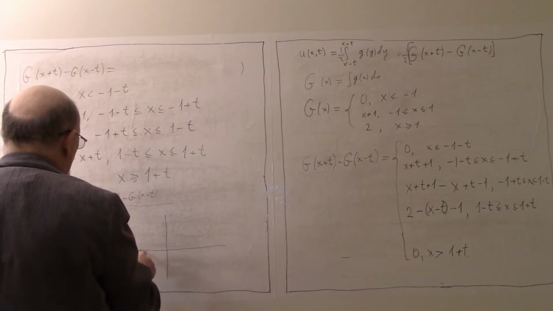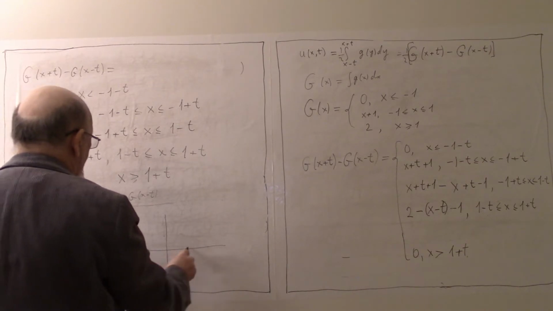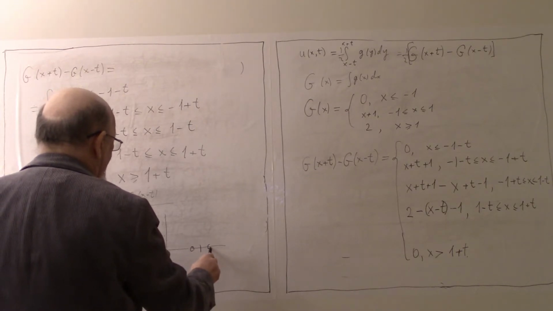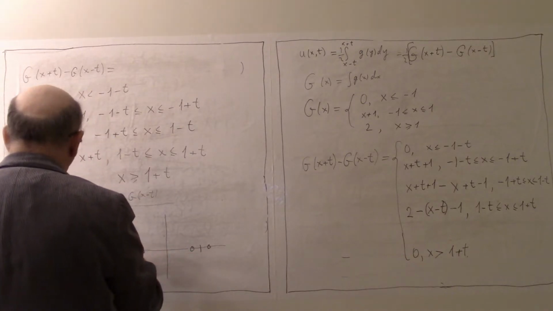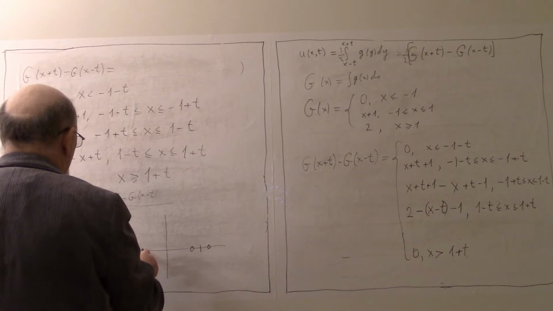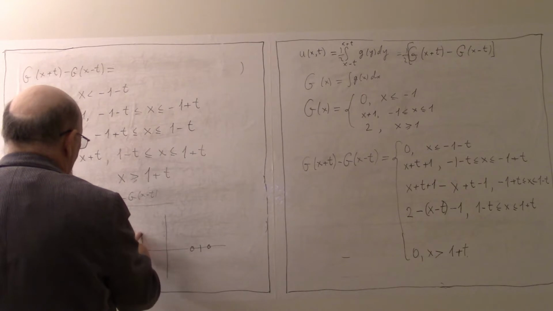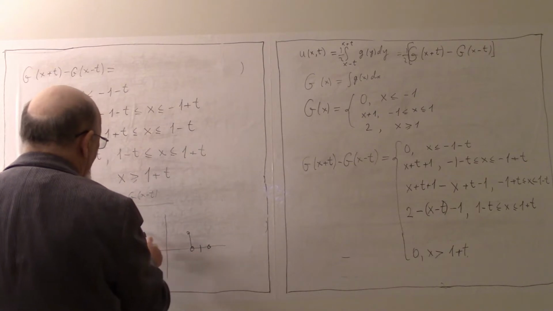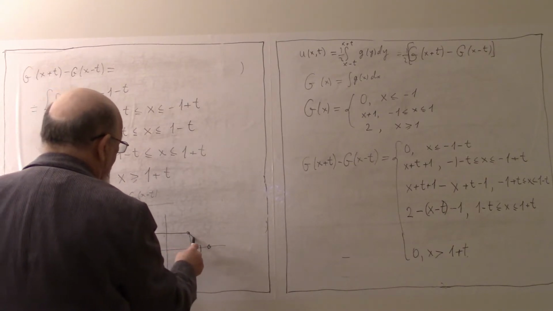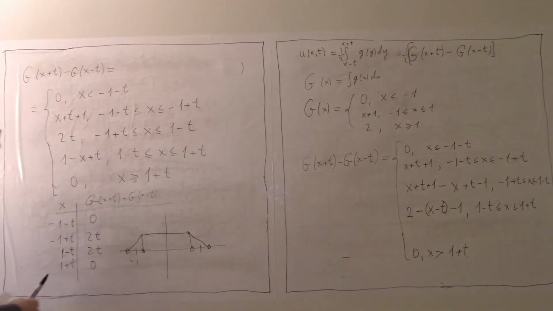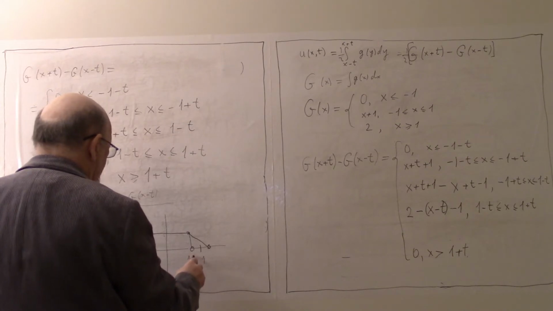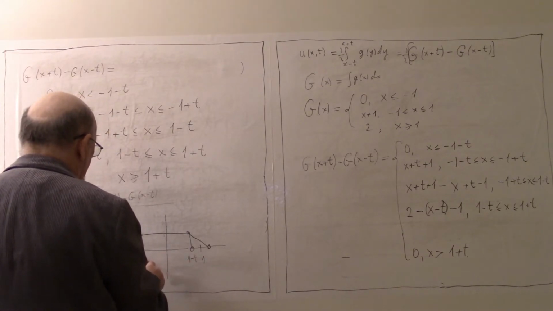Minus 1 minus t, minus 1 plus t, 1 minus t, 1 plus t. So here it is 0, here it is 2t, here it is 2t, here is again 0.